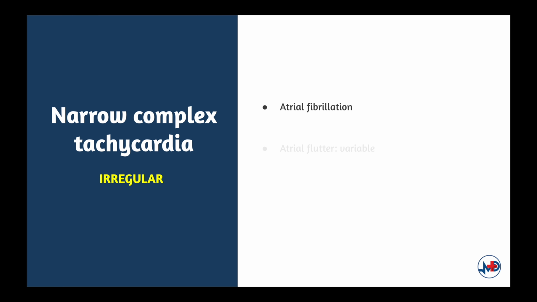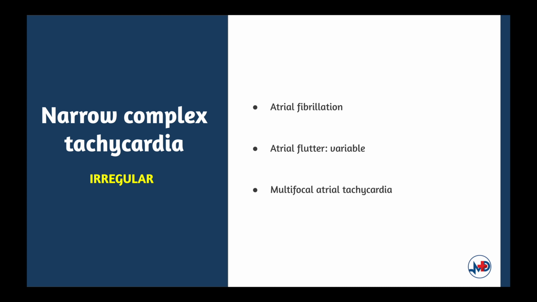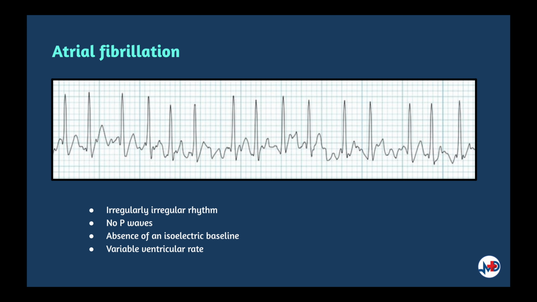Next, narrow complex tachycardias which are irregular, and these are atrial fibrillation, atrial flutter with variable block, and multifocal atrial tachycardia. Atrial fibrillation is an irregular rhythm with no P waves, absence of an isoelectric baseline, and a variable ventricular rate.